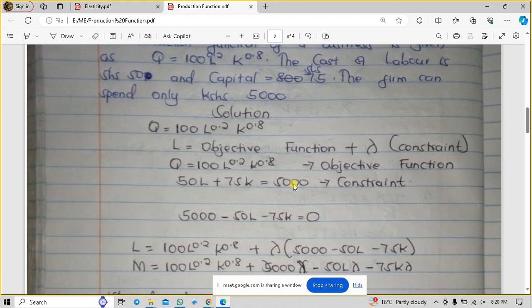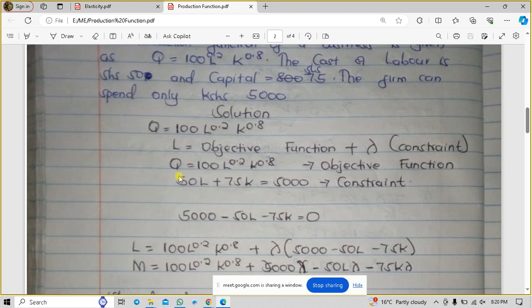If you have 5,000 here, you see this plus 75K, you take it to the other side, it becomes minus 75K, plus 50L, take it to the other side, it becomes minus 50L. So our new constraint function will be 5,000 minus 50L minus 75K equals 0.